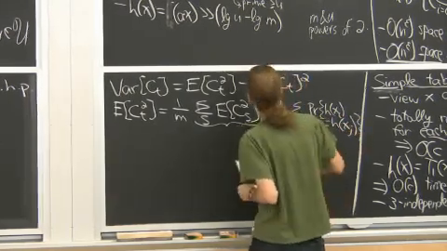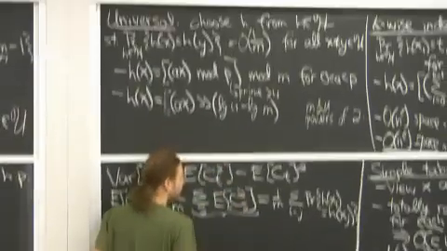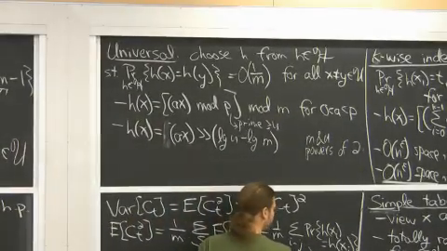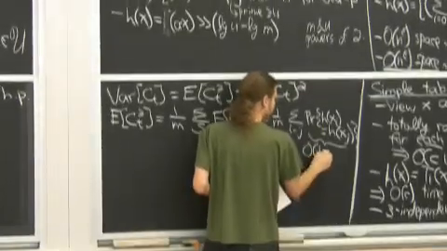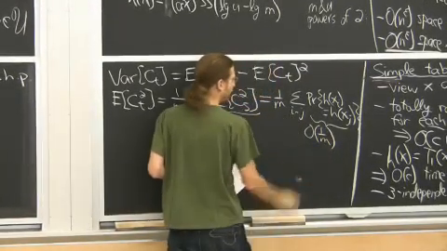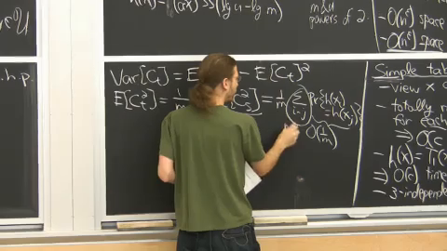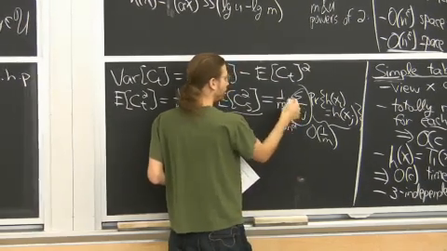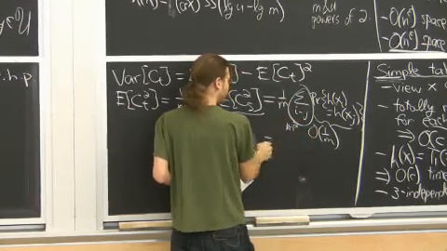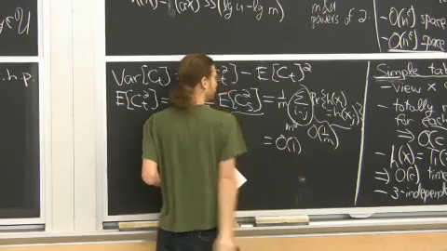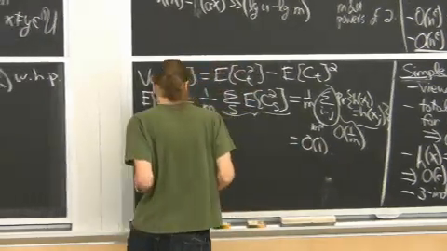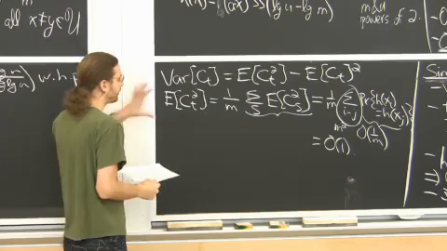And that's something we know by universality. This is big O of 1 over m. The number of pairs is n squared. So we get n squared times 1 over m times 1 over m. This is constant. Okay, so variance is actually small.